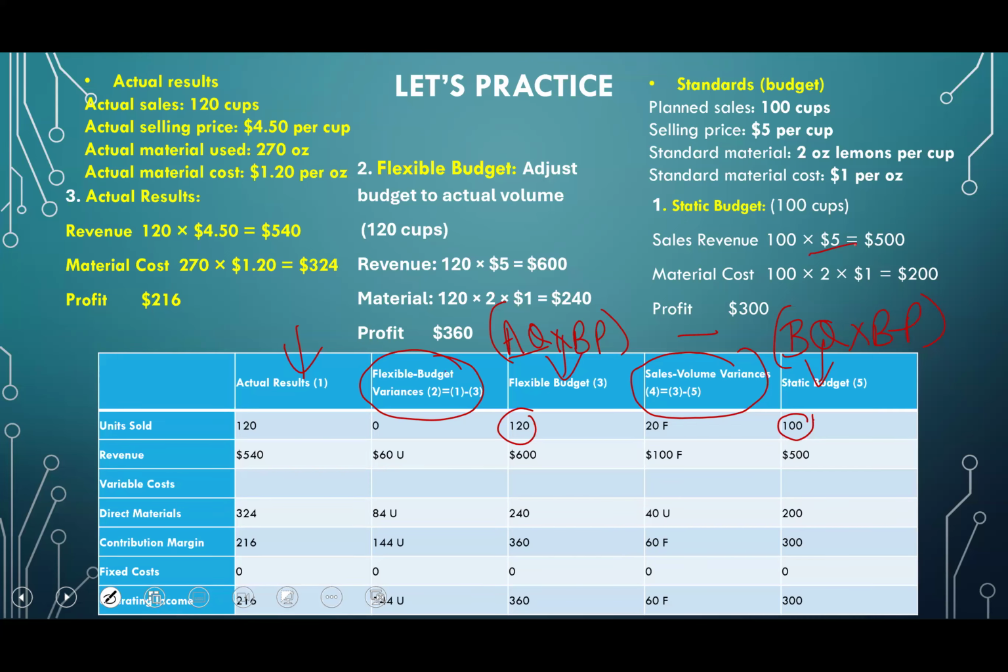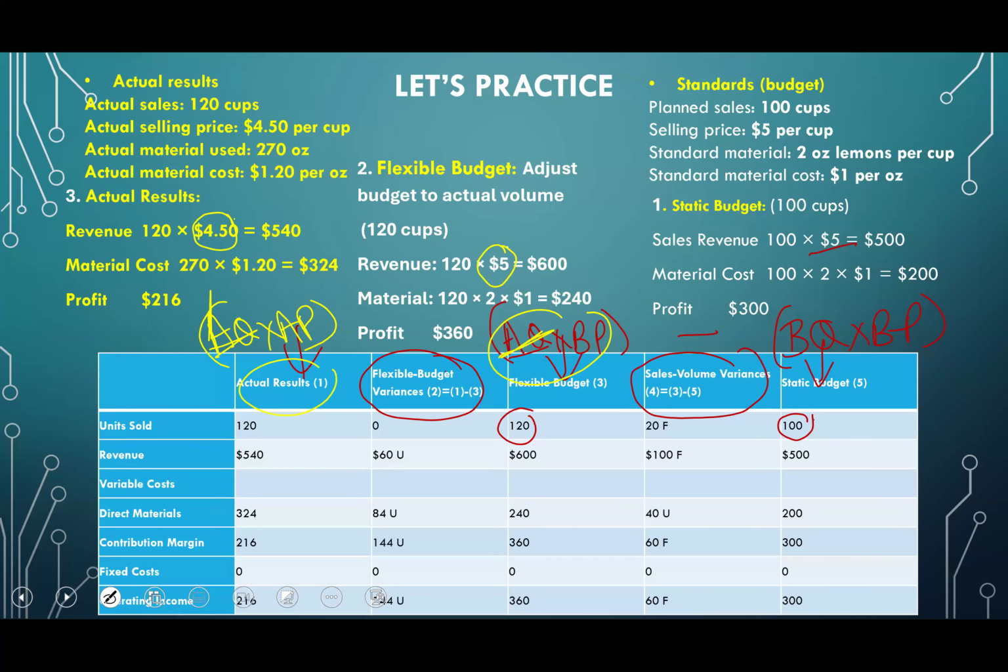Similarly, I'm going to just change the color of my pen. If you were to go here, this is actual quantity times actual price. If you take the difference between this column and this column, notice now actual quantity is common. All you are doing is comparing the actual prices, which you can see is 4.50 for this row, and 5 here. 120 is the same.